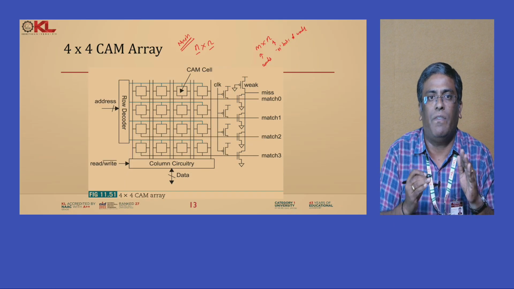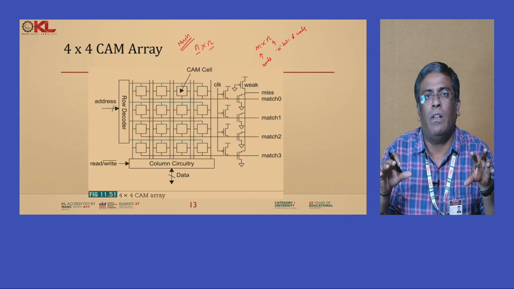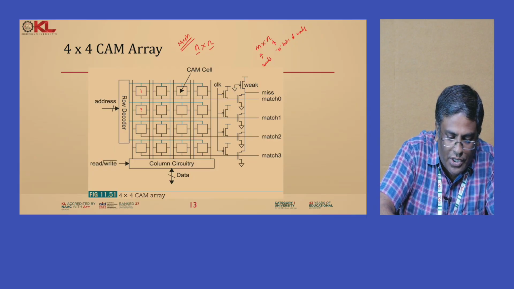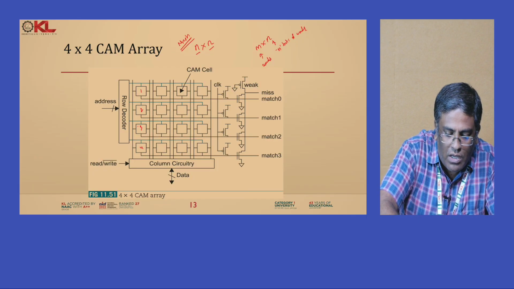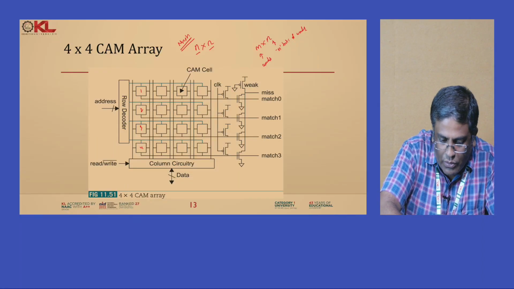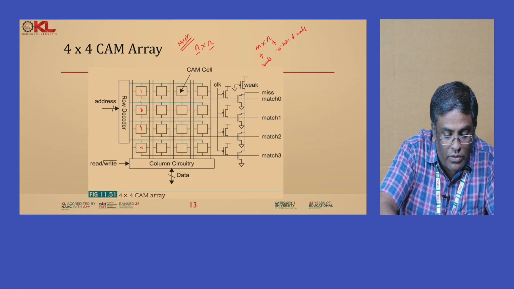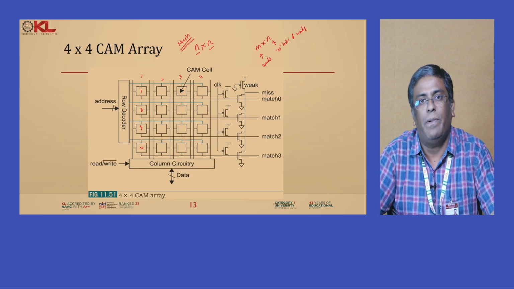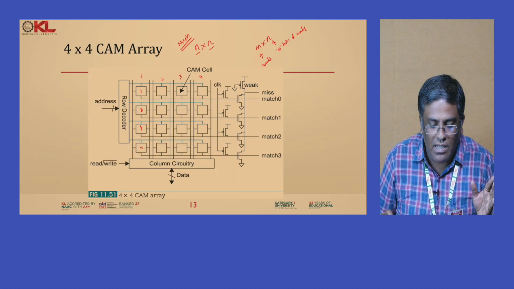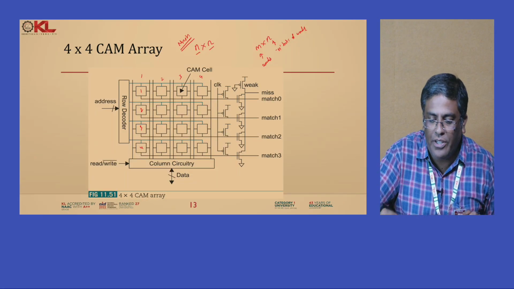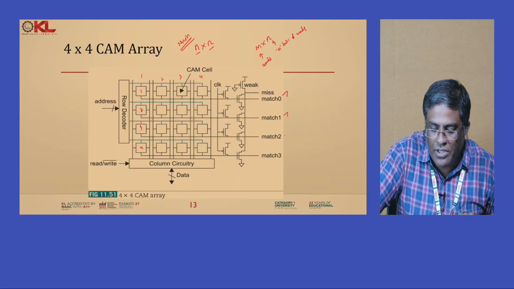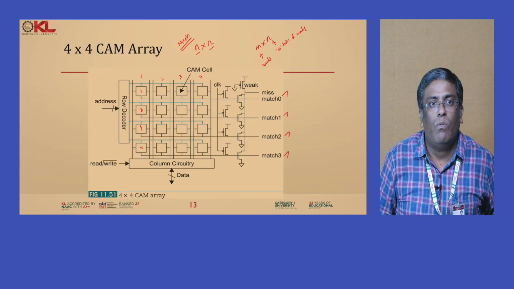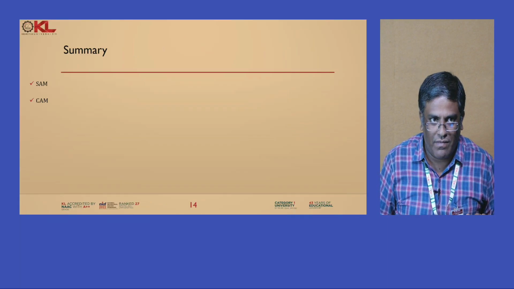We will have an equal number of CAM cells in both the rows and the columns. So there are 4 rows, 1, 2, 3, 4, and in the same way 4 columns, 1, 2, 3, 4. So it follows an n cross n structure, and according to where the match is found, either match 0, match 1, match 2 or match 3 can be taken out, according to the data available inside your CAM, right?